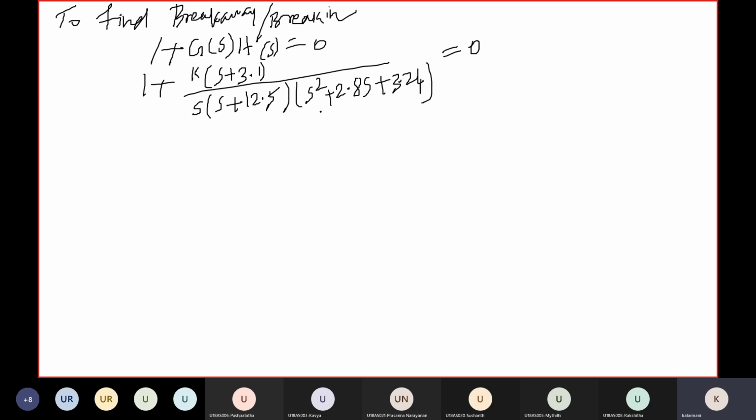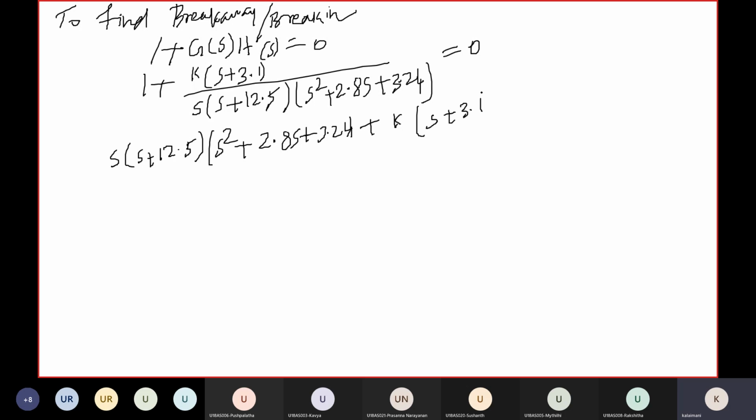is equal to 0. We just cross multiply, we get s into (s plus 12.5) into (s square plus 2.8s plus 3.24) plus K into (s plus 3.1) equal to 0.